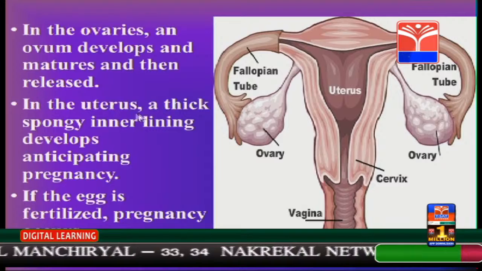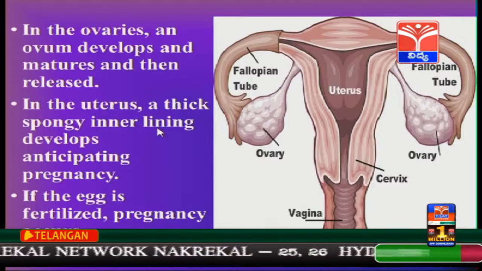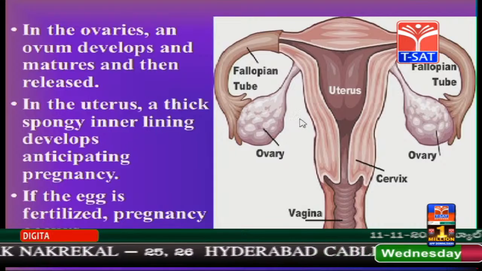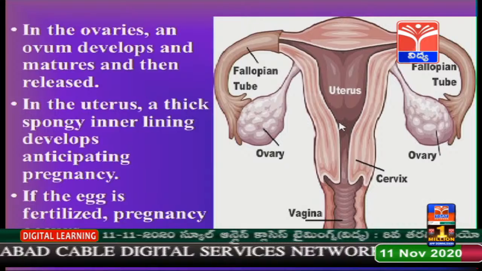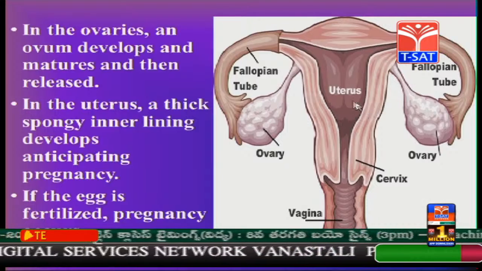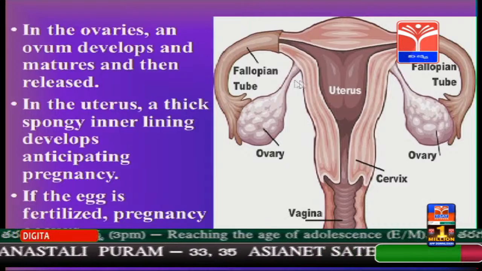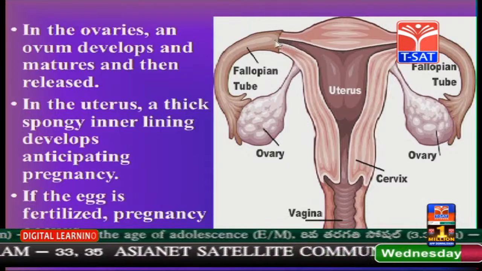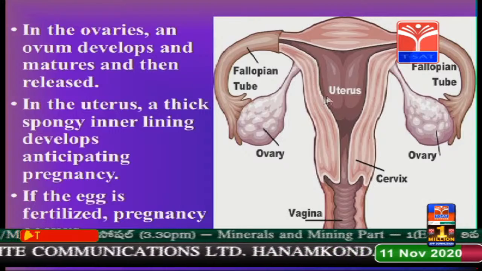So, in the uterus you can see there is a thick spongy inner lining. It develops anticipating the pregnancy. That means this uterus makes itself ready for the fertilization of the ovum. If the egg is fertilized in the fallopian tube, then the fertilized embryo reaches here.